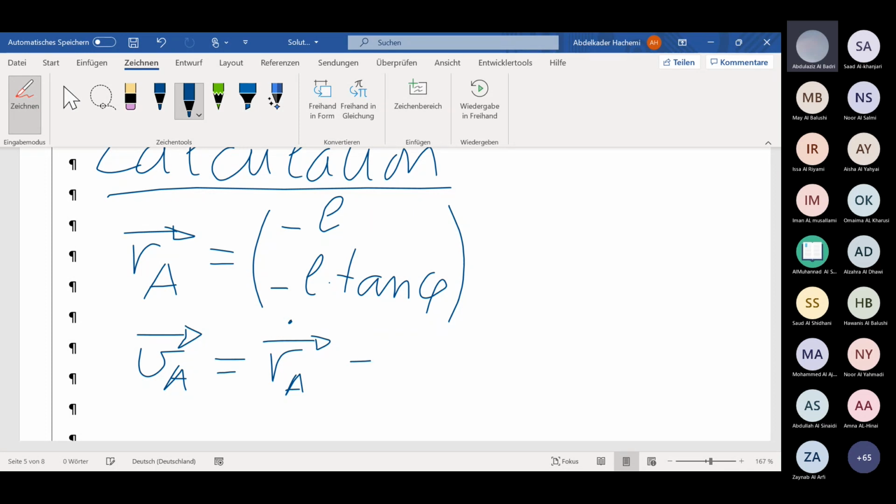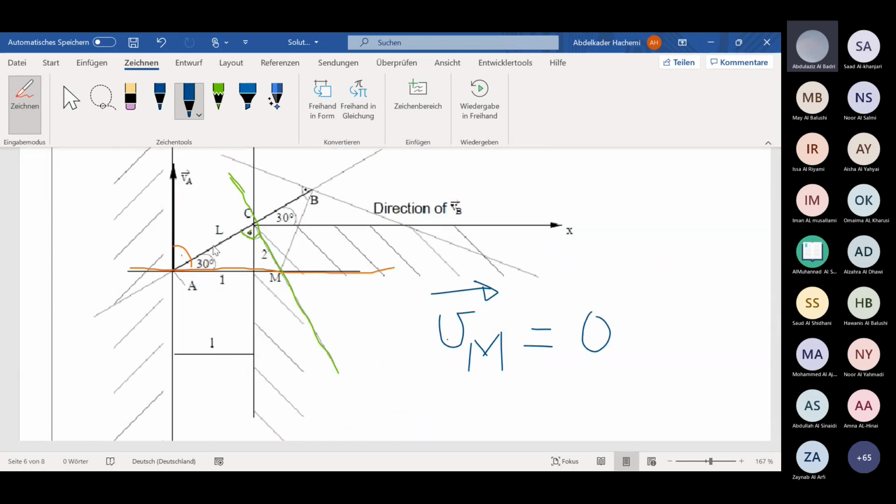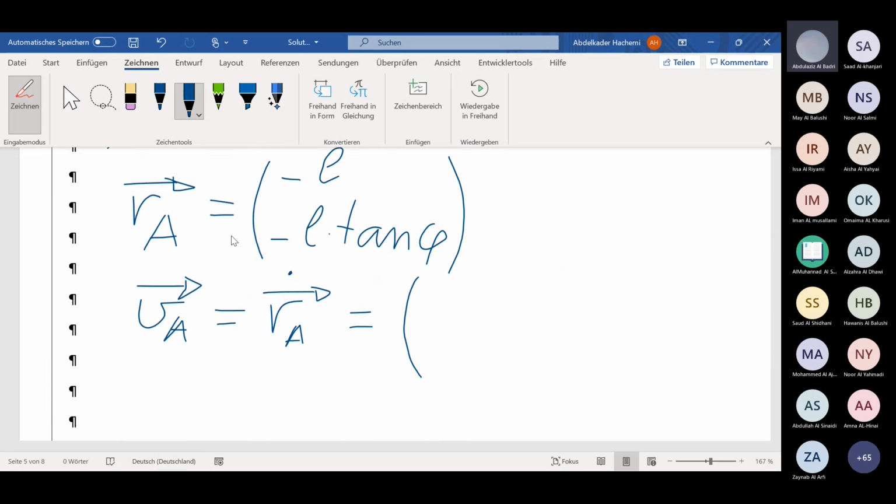Now, if we do so, we have the angle phi, and at this position, 30 degrees, of course, when it's sliding up, phi at each point will change with time. That means there is phi dot, but L here is constant, it doesn't depend on time. Then its derivative is there.